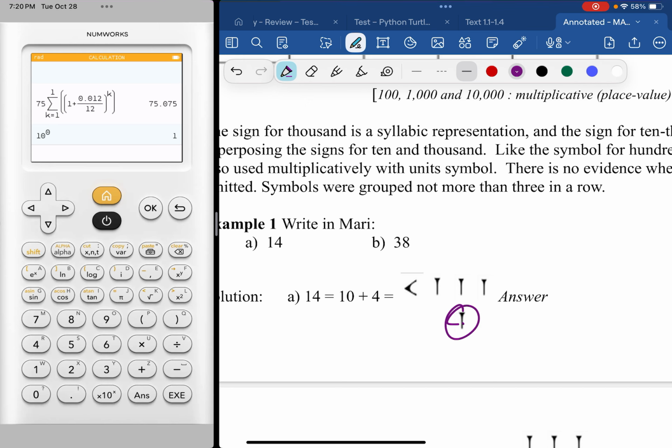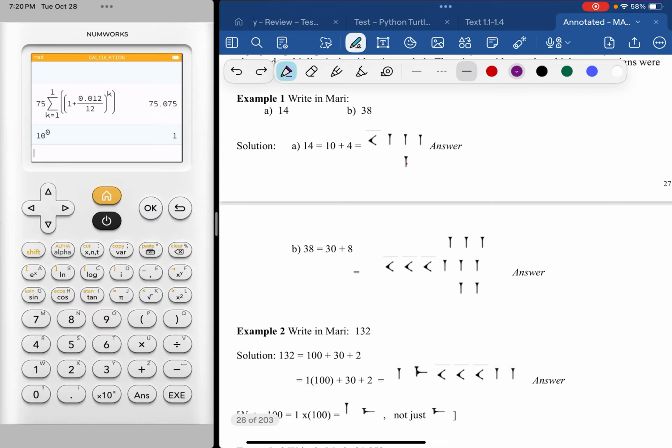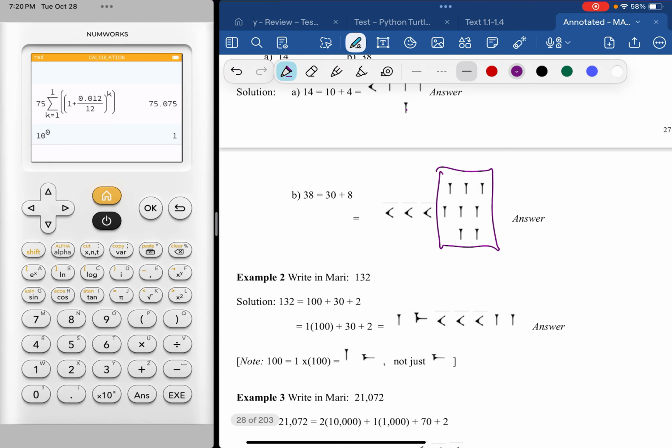All right, so that would be that one there. All right, 38, 30 plus 8. So 3 individual characters to represent the 3 tens, making up the 30, and 8 of those individual characters grouping no more than 3 at a time.